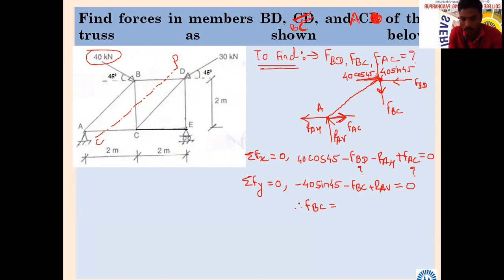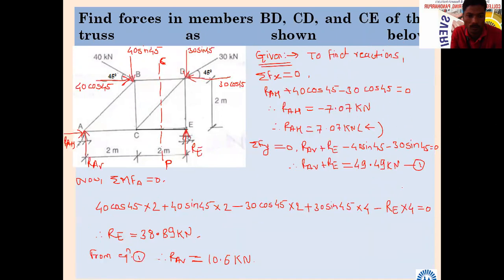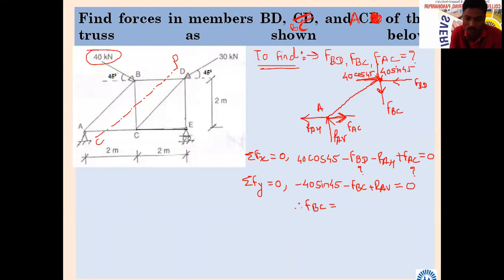Minus 40 sin 45 plus what is value of RAV? 10.6. Okay, 10.6. It is coming minus 17.68.